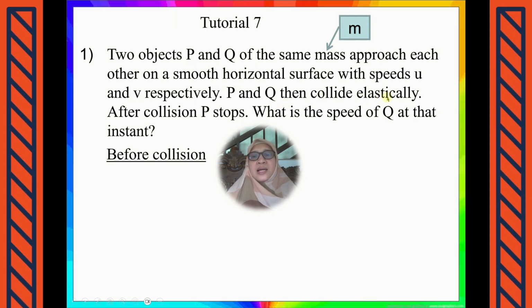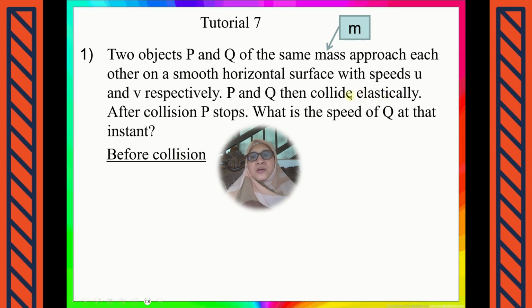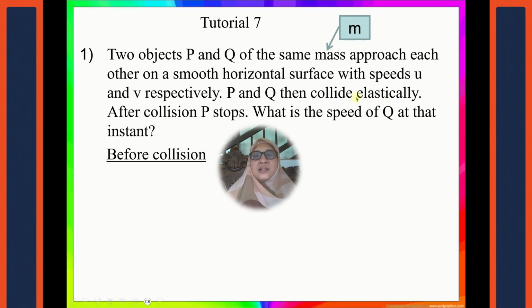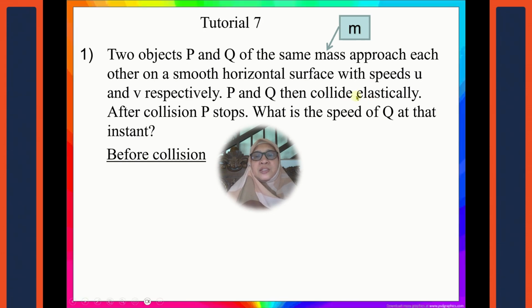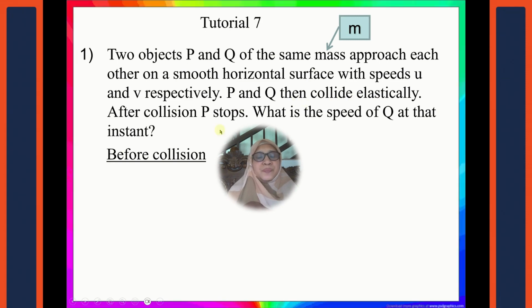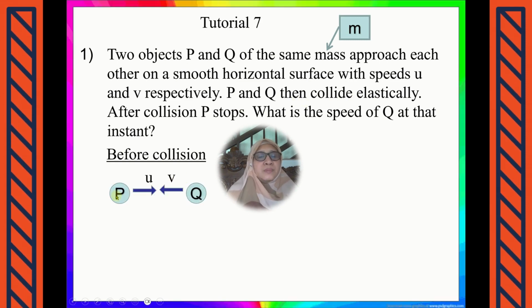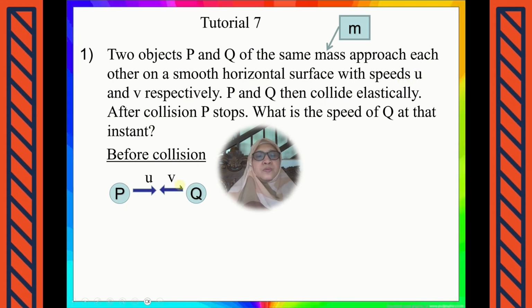Then they collide elastically. So for elastic collision, we can use both the principle of conservation of kinetic energy and the principle of conservation of momentum. Before collision, P moves with speed u given here, and Q moves with speed v.